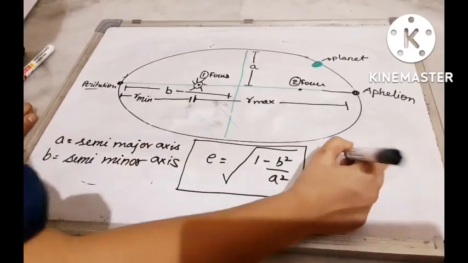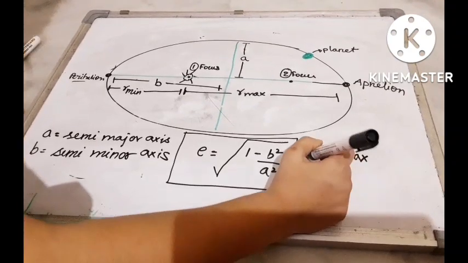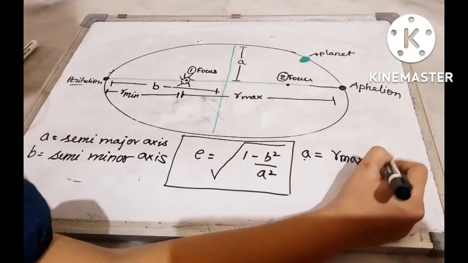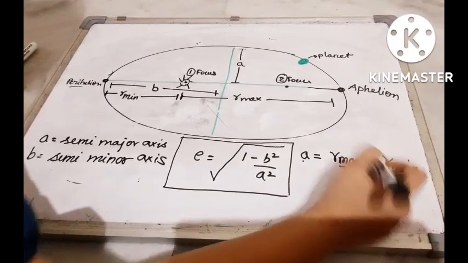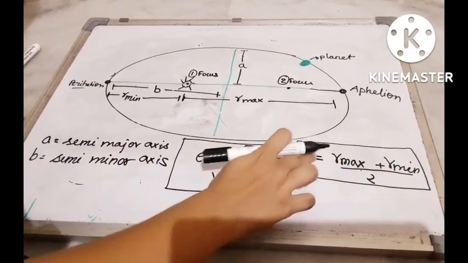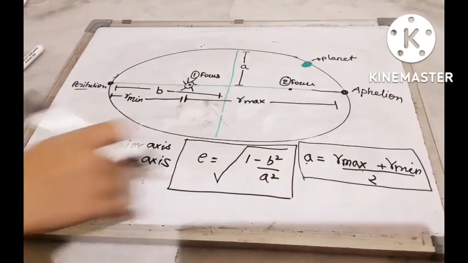The A you can state in terms of R max and R min by this formula. Semi-major axis is equal to maximum distance plus minimum distance divided by 2. It's simply the average of maximum and minimum distance. So these two formulas you need to remember.